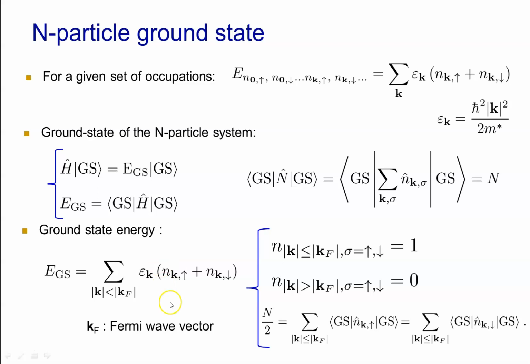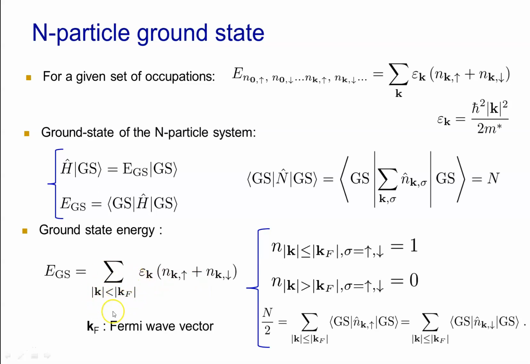And what's going to be my ground state energy? Well, I have to add all the energies for a given k point and multiply it by the number of particles, spin up and spin down, at that k point up to the last filled state, or even half filled state. But it's always going to be a filled state because we're assuming N over 2 equals the number of spin up electrons, and that's going to be equal to the number of spin down electrons.